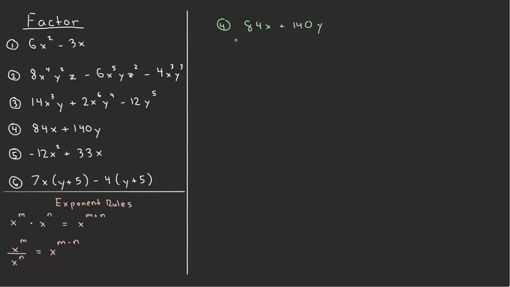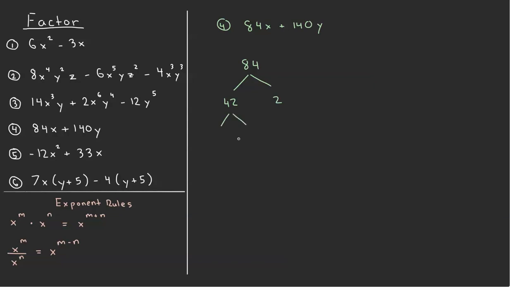So here's how we're going to find the greatest common factor of 84 and 140, the largest number that will go into 84 and 140. The idea is to make factor trees. So we want to factor 84. Let's say it's 42 times 2.